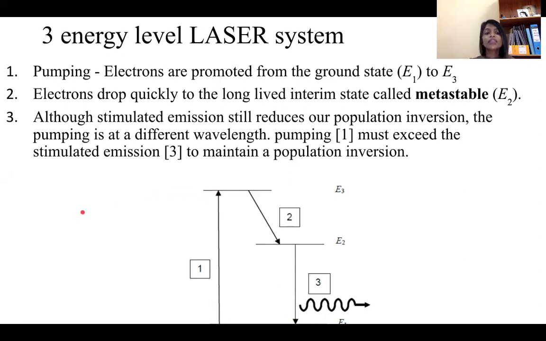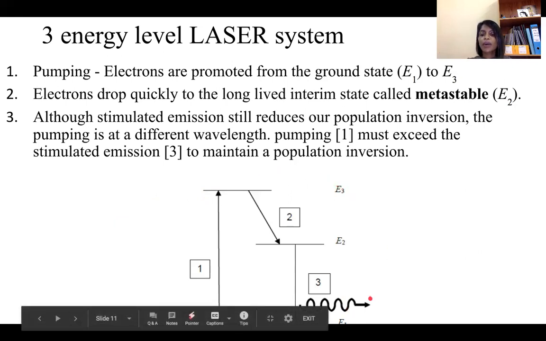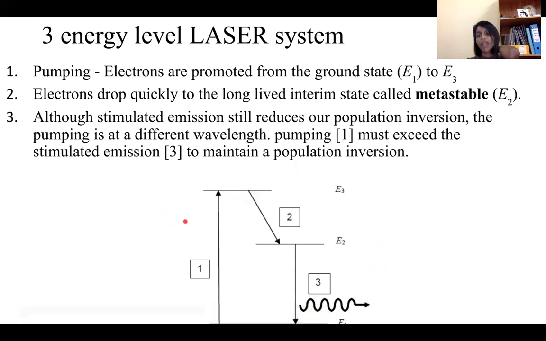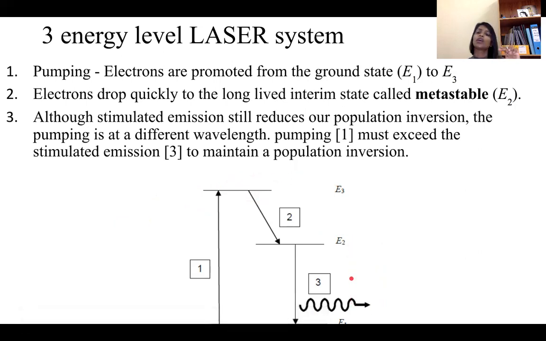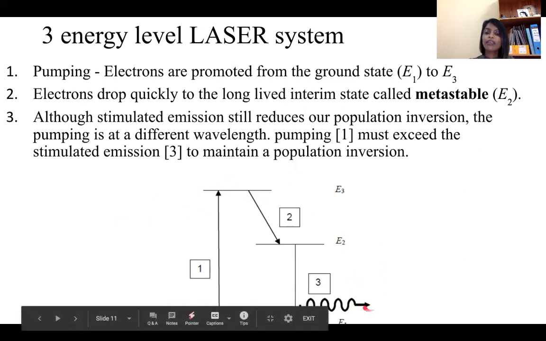So if we are using some sort of light source to excite these electrons from the ground state to E3, we need a light source with a shorter wavelength compared to the outgoing light. Let's say we use blue light to excite the electrons to a higher energy level, but the lasing happens between E2 and E1 where energy is lower. Lower energy means higher wavelength, so we have a yellowish color coming out of the system.